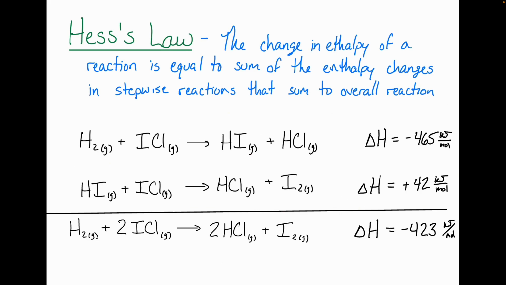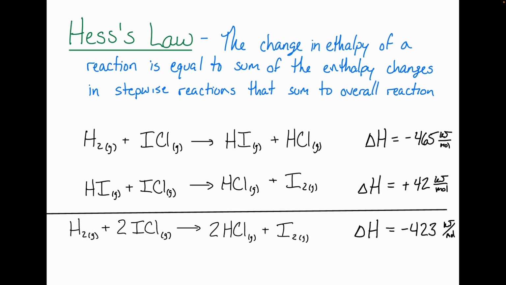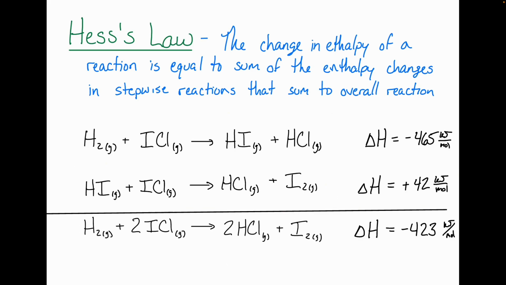All right, so these individual reactions here that we summed up, we would call these our steps. So this one was step 1. This one was step 2, so we have these individual steps, and they sum up to give us this overall reaction.